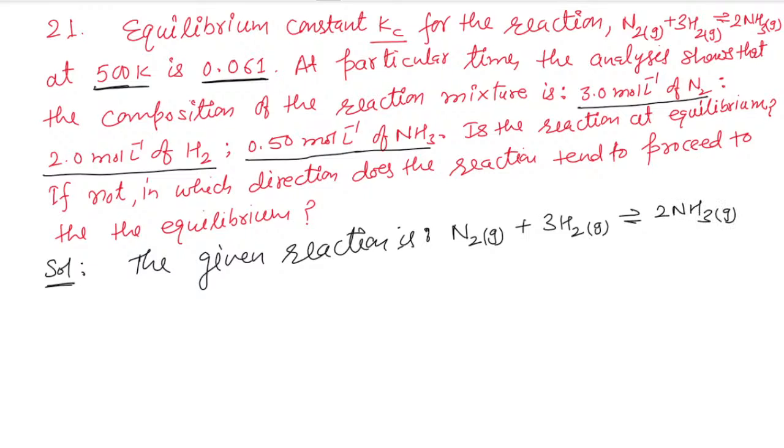So Qc from the given reaction is, you can write the concentrations of N2, H2, ammonia before that if you would like, but otherwise write directly: concentration of ammonia raised to power 2, concentration of N2 raised to power 1, concentration of H2 raised to power 3, right?